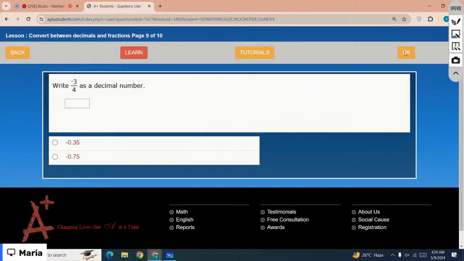So which is the correct option? That is negative 0.75, right?